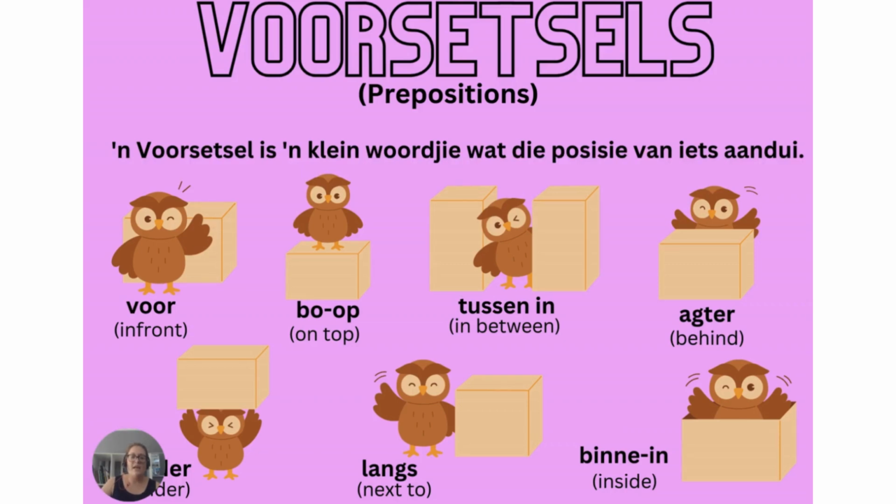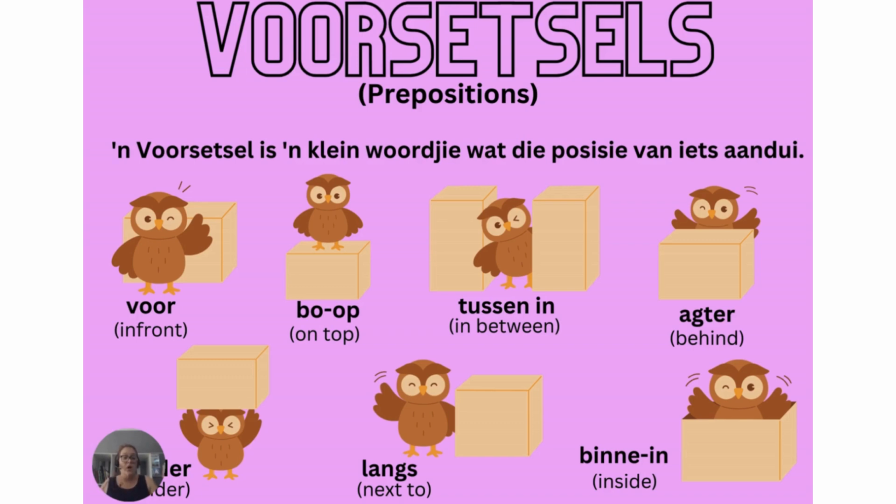Our next one is our voorsetsels, our prepositions. So 'n voorsetsel is 'n klein woordjie wat die posisie van iets aandui. So it always tells you where something is. So this, if we look at the pictures, the owl is standing voor die box. It's in front of the box, voor die box. The second one, die uil staan bo op die box, bo op, on top.